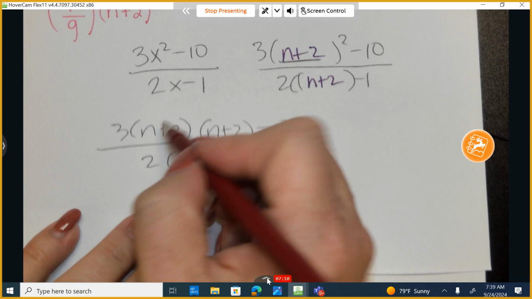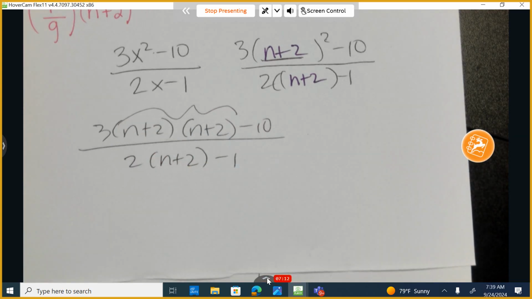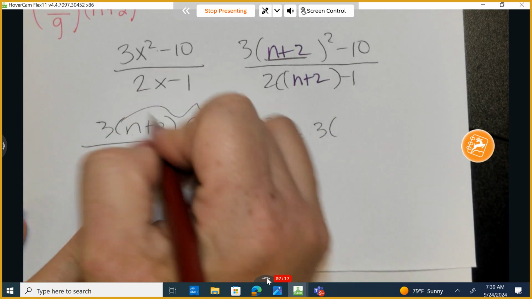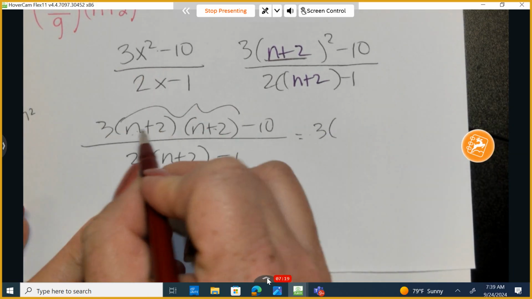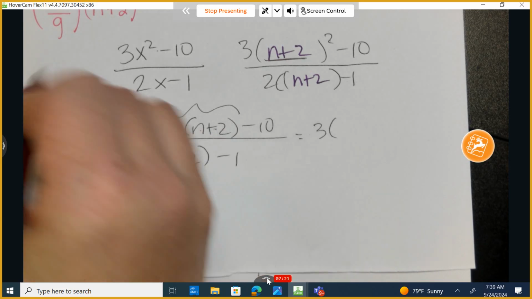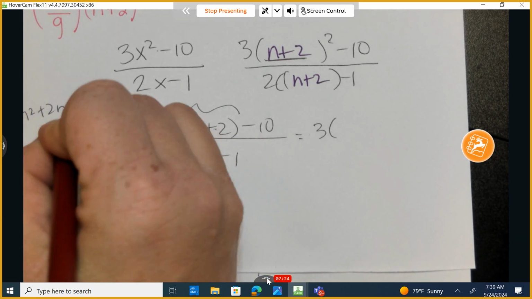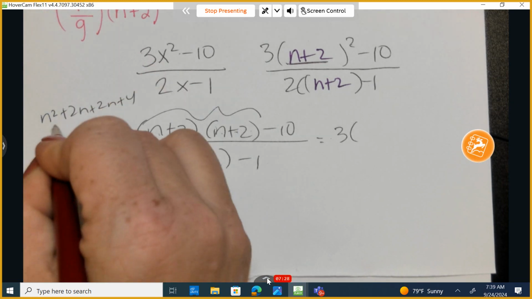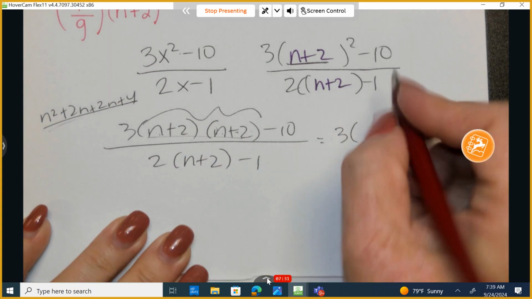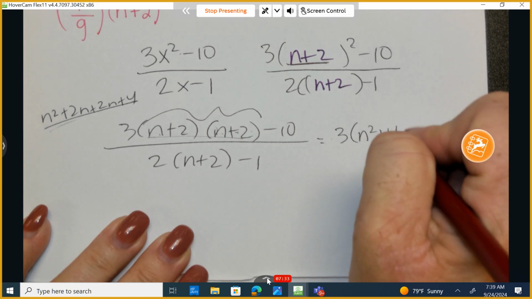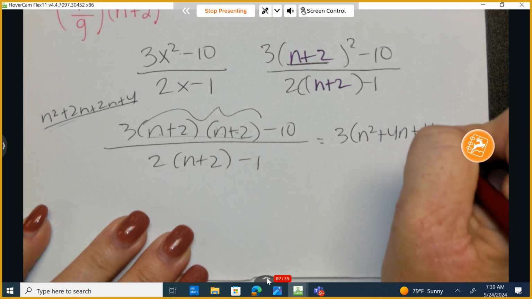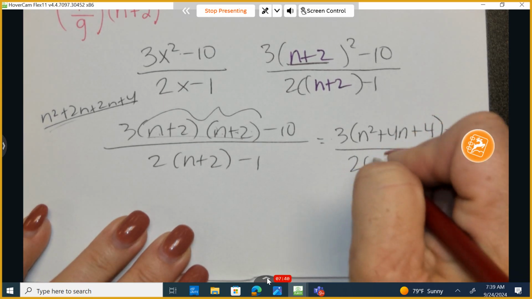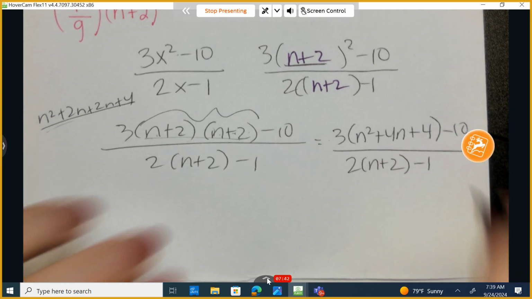Now I'm going to take this part and FOIL it. For those that can do that part in your head, that's great. So when I FOIL this, I'm going to multiply the front, then O is for the outside, I is for the inside, and L is for last. So when I combine like terms after FOILing, I get n squared plus 4n plus 4 minus 10 over 2 times n plus 2 minus 1.